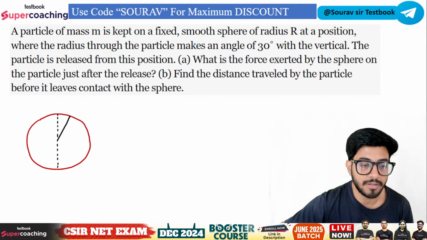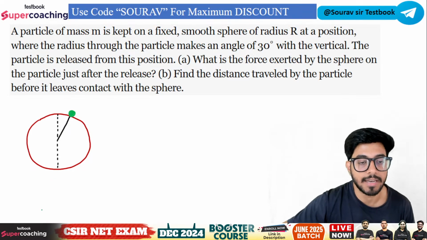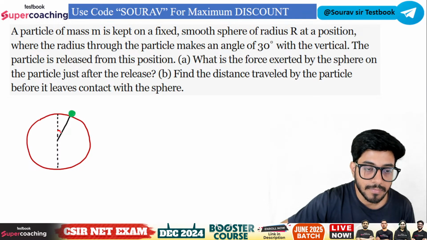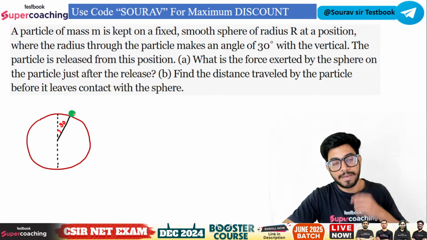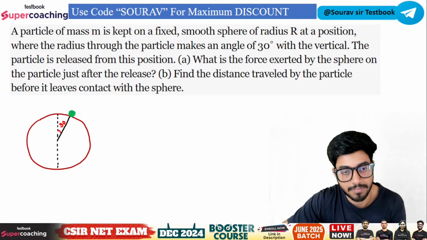From the vertical you have just placed that particle. Say at an angle of 30 degree you have placed it. So when you have placed it over here, what are the equations which you can see?